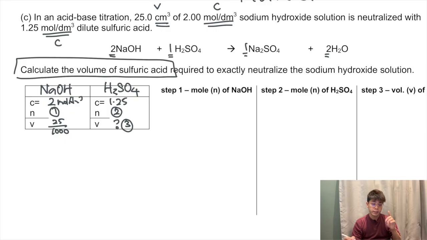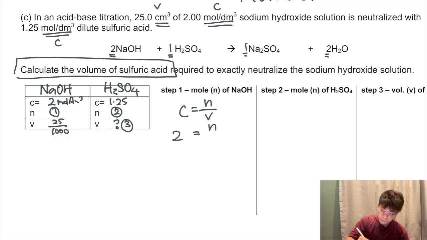Let's calculate step 1. Because it's concentration, it's C equals N over V, alphabetical order from top to bottom. I've been writing that a lot of times. So C equals 2, N is unknown, and V is 25 over 1000.